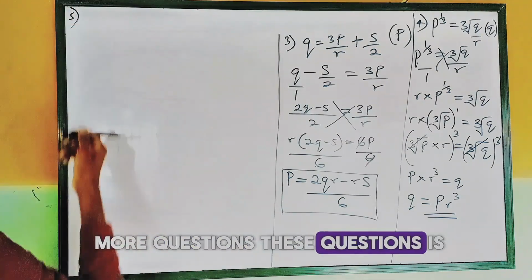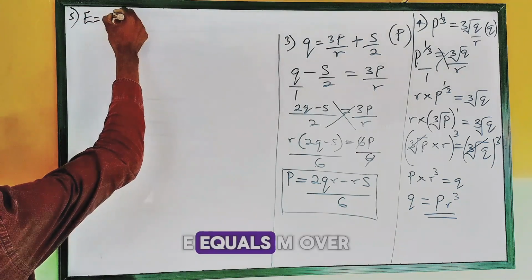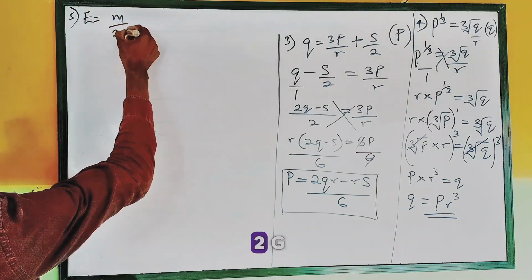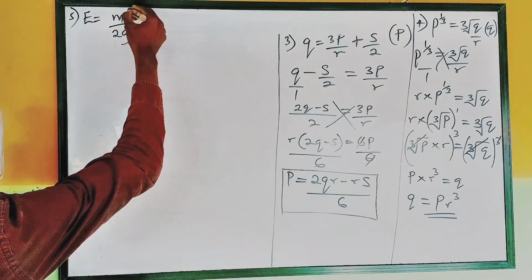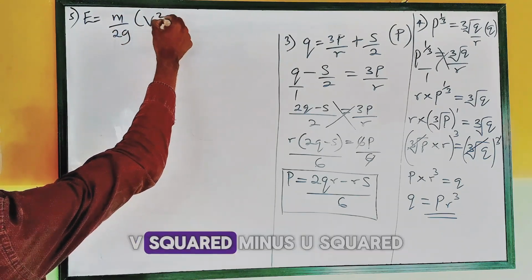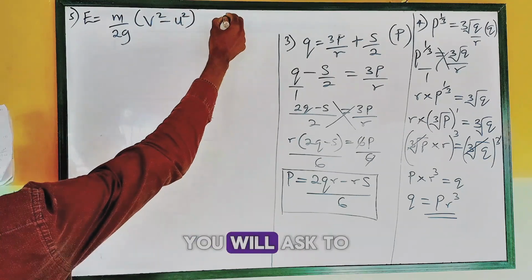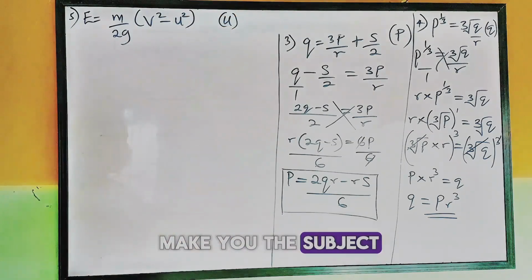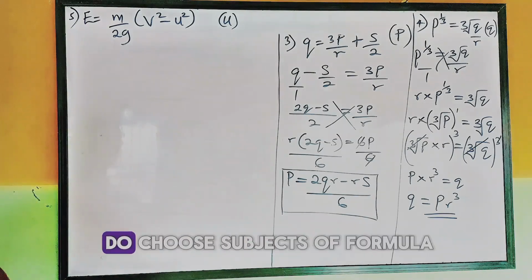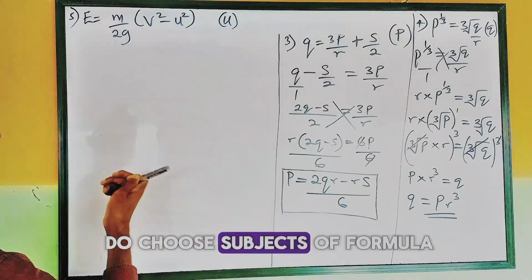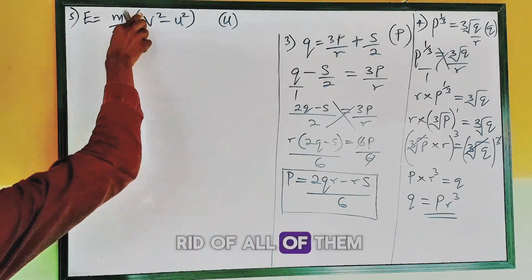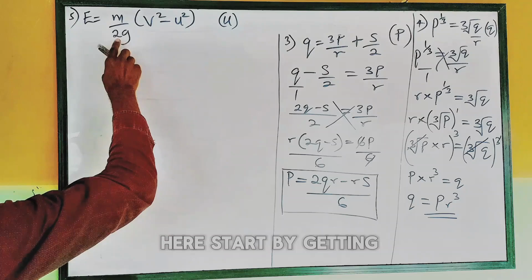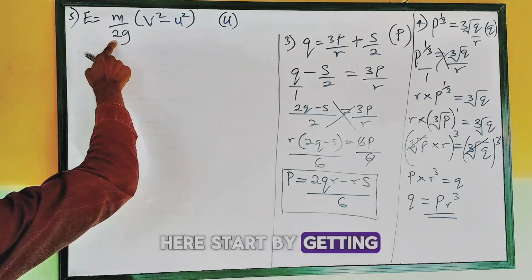This question says E equals M over 2G times V squared minus U squared. You were asked to make U the subject of formula. So what do we do? U, subject of formula, we have to get rid of all that we have here, but we start by getting rid of this.